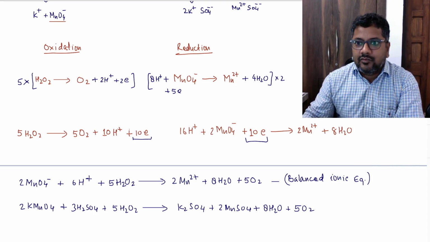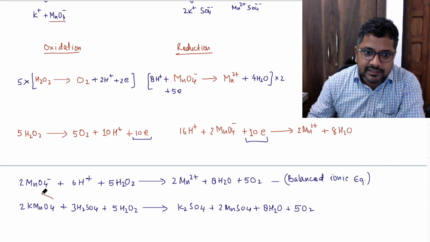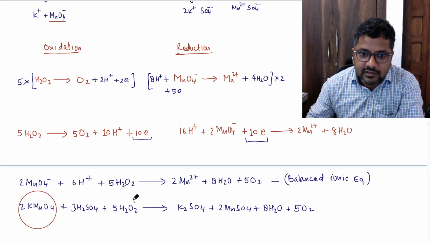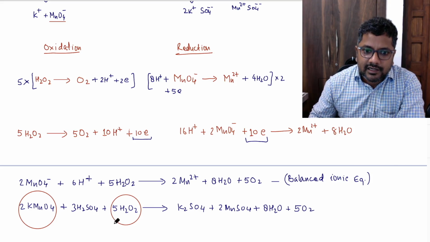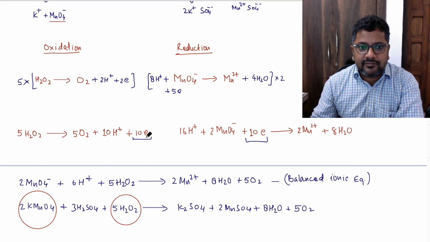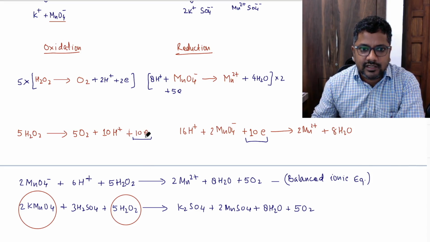KMnO4 is gaining the electron, and H2O2 is losing the electron. 5 moles of H2O2 lose 10 moles of electrons, and these 2 moles of KMnO4 gain 10 moles of electrons.